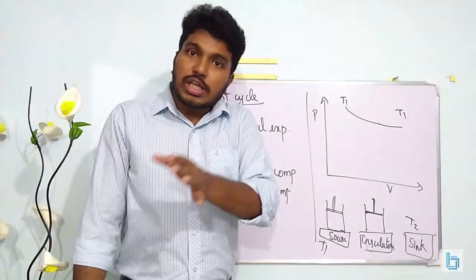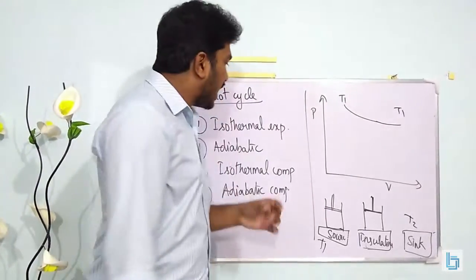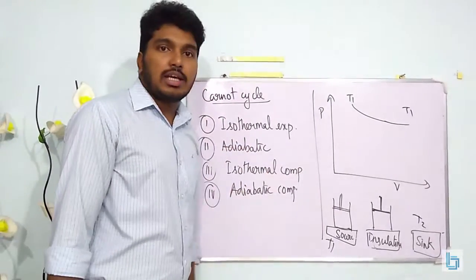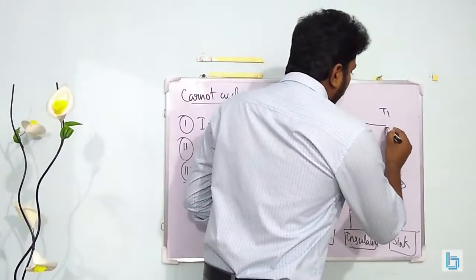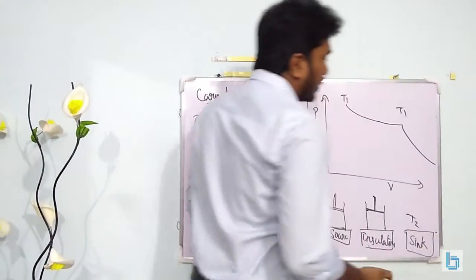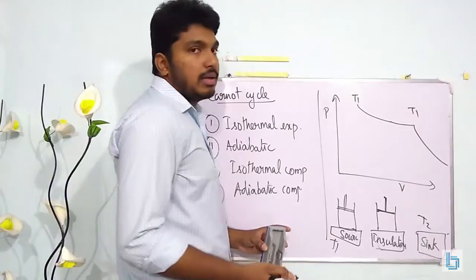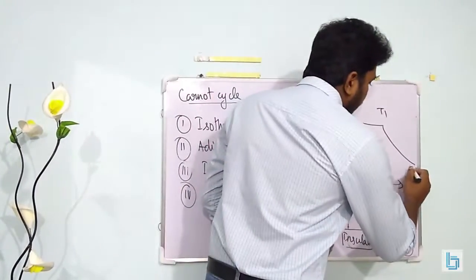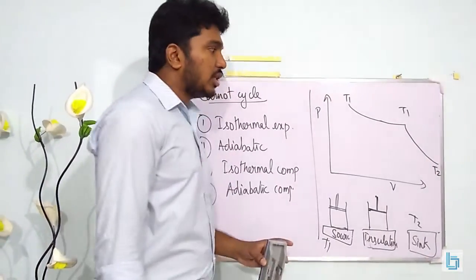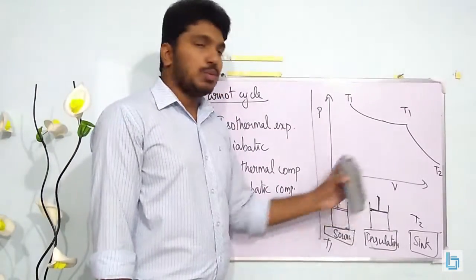So there is no heat exchange taking place, and we can say that it is an adiabatic expansion. We know that the slope of an adiabatic process is greater than that of an isothermal slope. So here the temperature changes to T2.